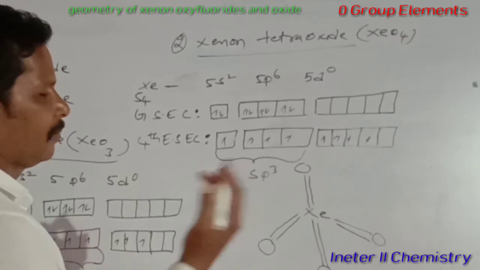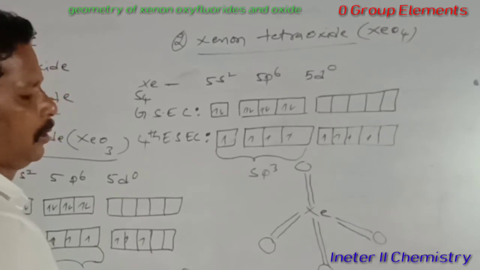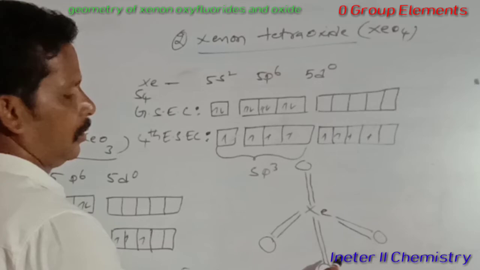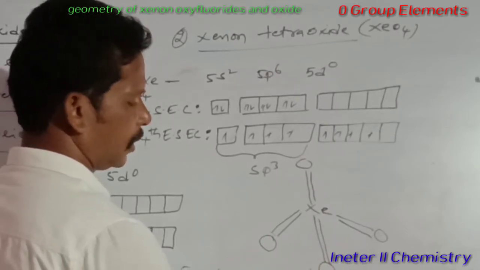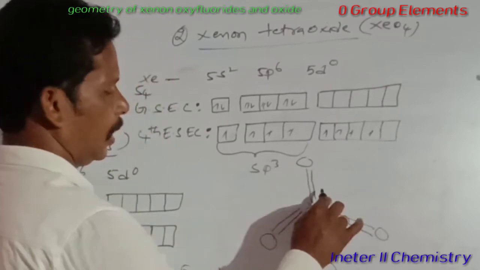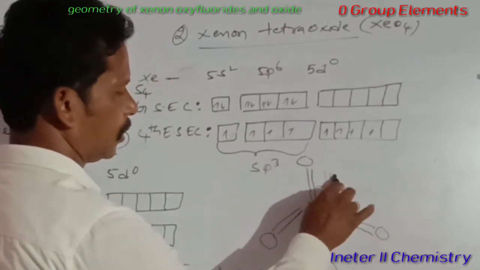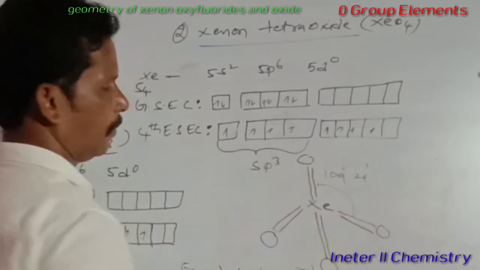The bond angle is 109 degrees 28 minutes. So what is the geometry here? Tetrahedral geometry, and the bond angle is the same, 109 degrees 28 minutes.